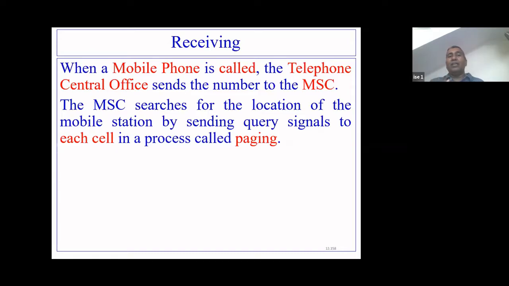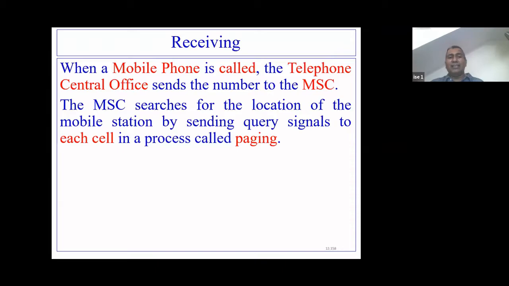Now you are calling from mobile phone to mobile phone. So the moment a mobile-to-mobile connection is made, it goes from mobile phone to base station to MSC, MSC to telephone central office, and from there to the MSC at Chennai, and the MSC now searches for the location of the mobile station which you are calling.